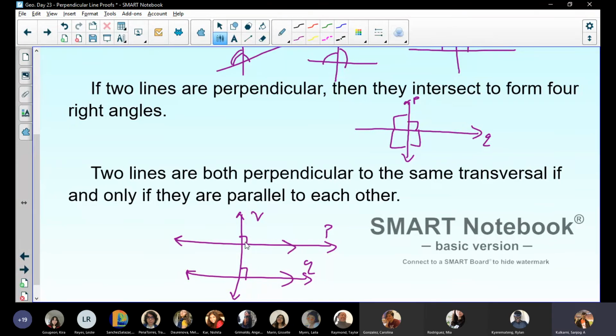If it is perpendicular to one of them, then it's perpendicular to the other one also if these two are parallel. Two lines are both perpendicular to the same transversal if and only if they are parallel to each other.